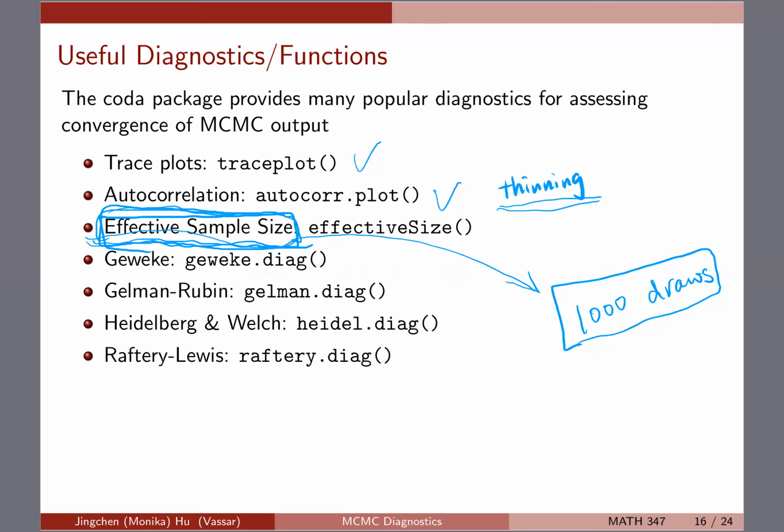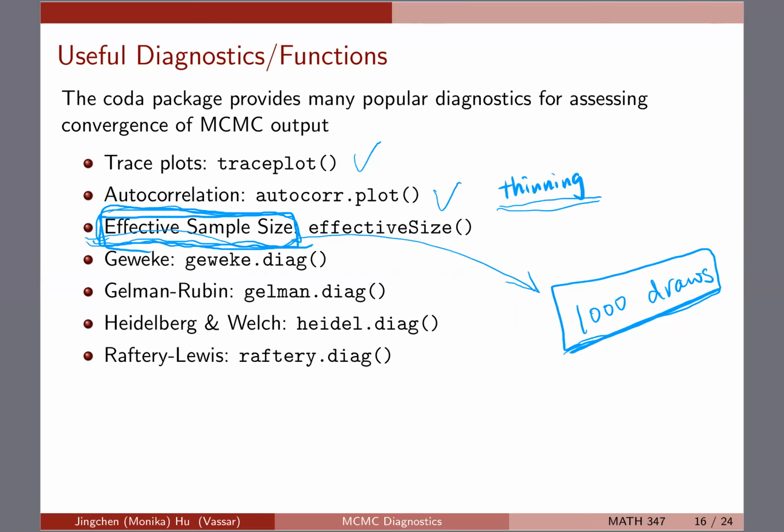You have 1,000 draws that you're left with, and then you want to know how effective they are. Effective meaning how many copies of independent Monte Carlo draws these 1,000 draws actually represent. Okay? Because ultimately we want to have large numbers of independent Monte Carlo draws so we can make good inference.